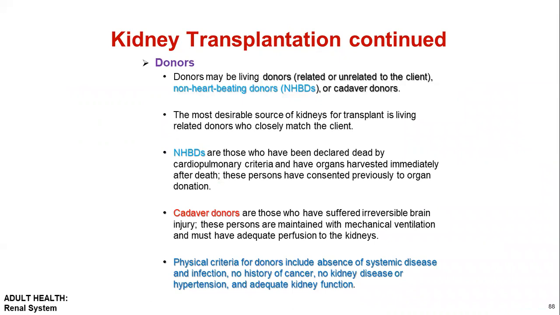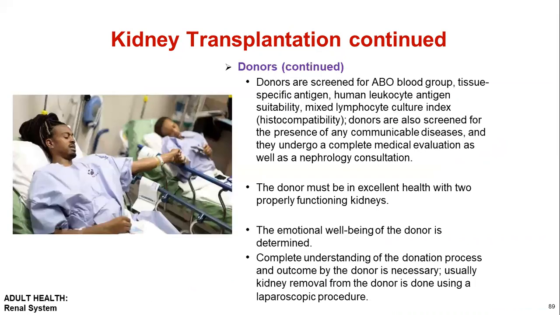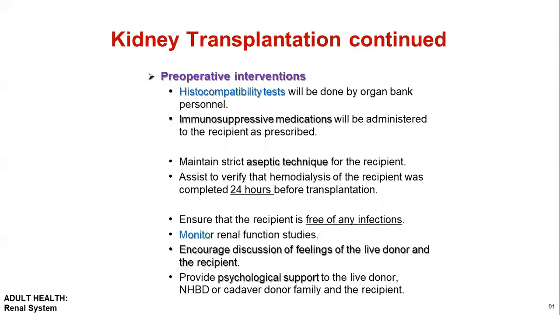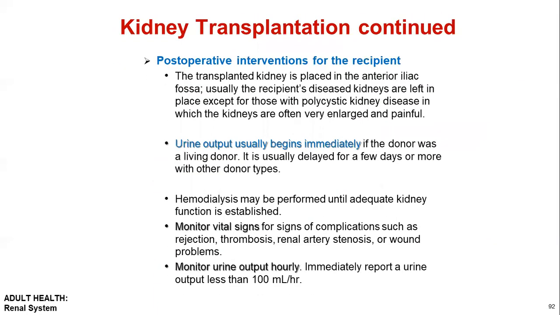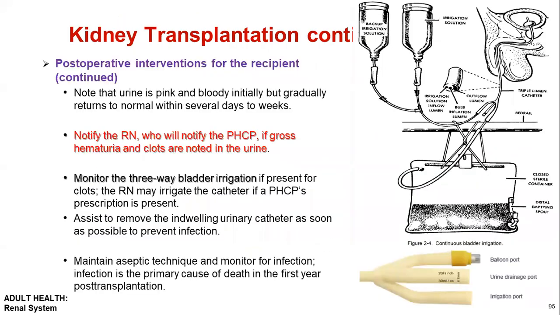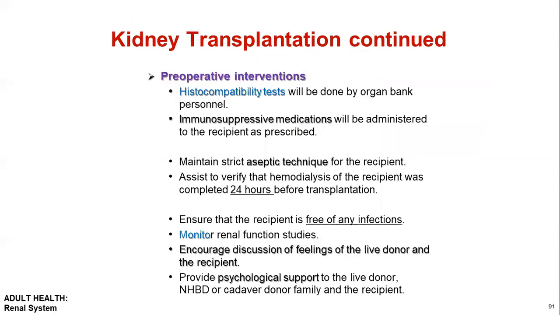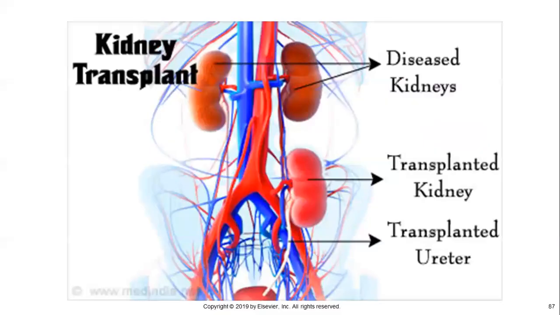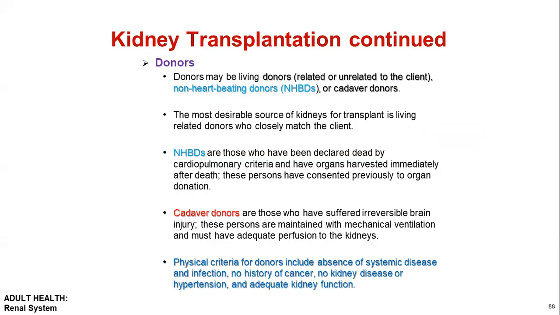Donor, first of all. And also it is important to educate your patient pre-procedure and after the procedure. So what is important from here, the donor may be a living donor or a cadaveric donor.